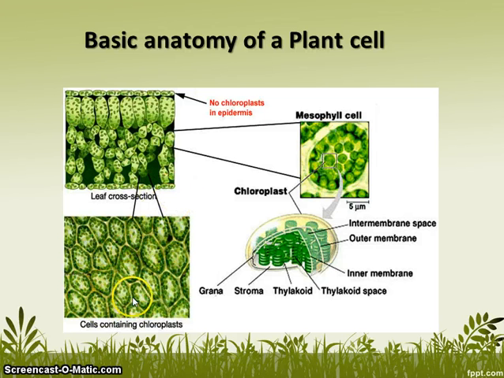Within these cells, there are smaller round, green-like structures known as the chloroplast. The chloroplast is what is responsible for photosynthesis. Within the chloroplast, you have the grana, the stroma, the thylakoid, and the thylakoid membrane. Within the stroma, a lot of stuff happens, and we will see as we proceed.